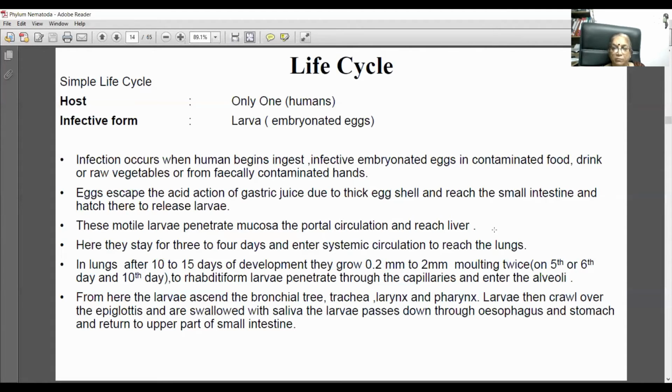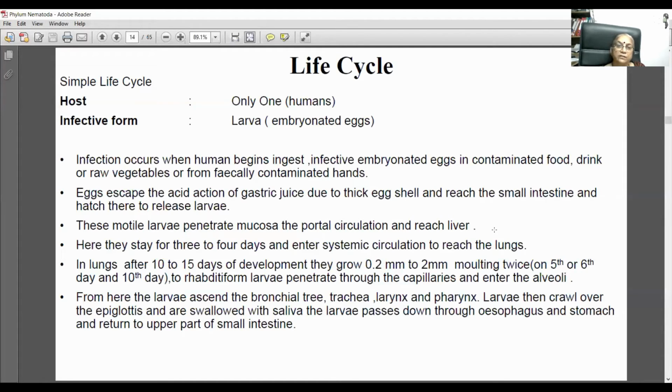Once this worm enters the alveoli, they easily come into the bronchial tree by ascending from the alveoli.